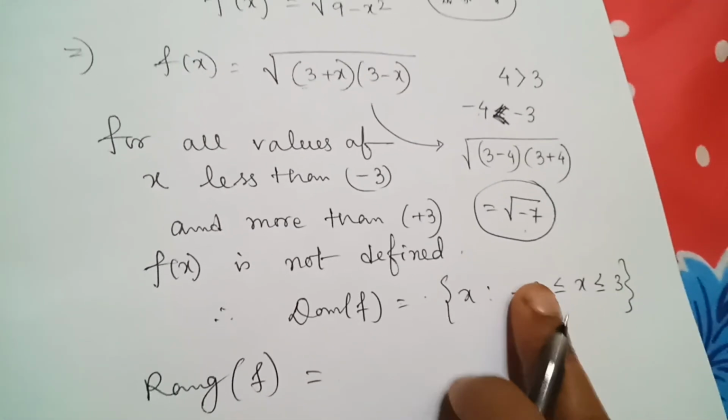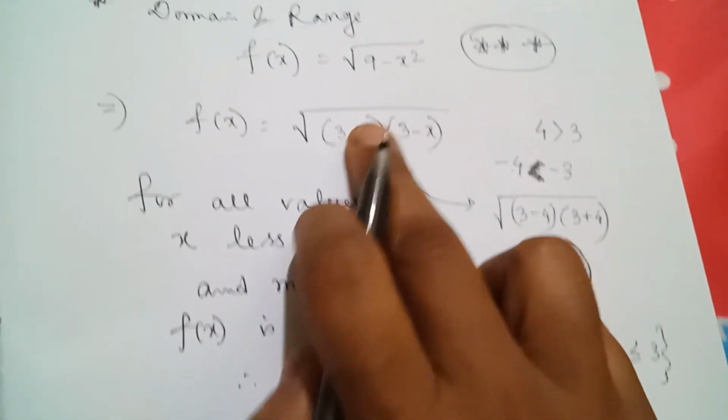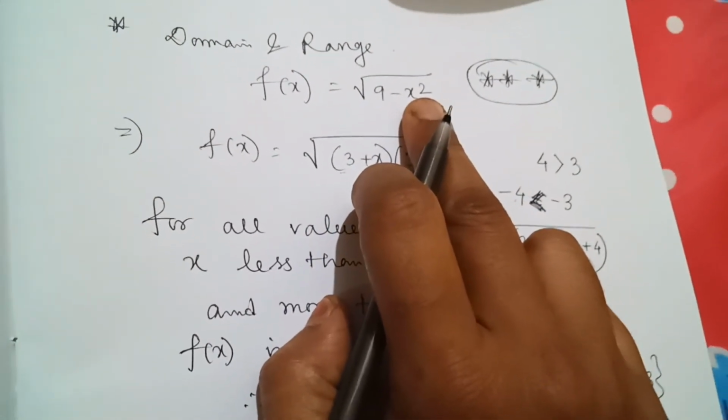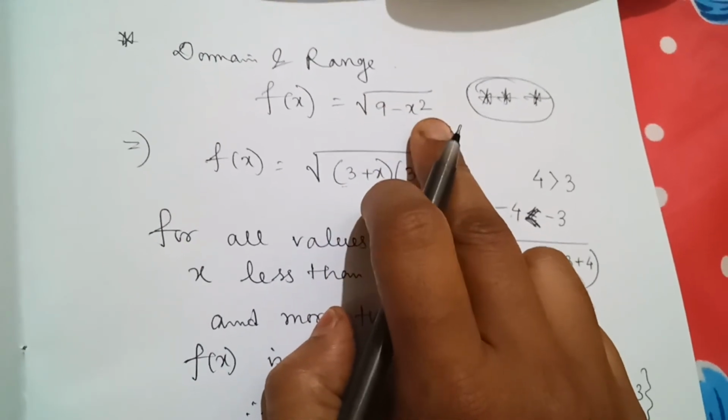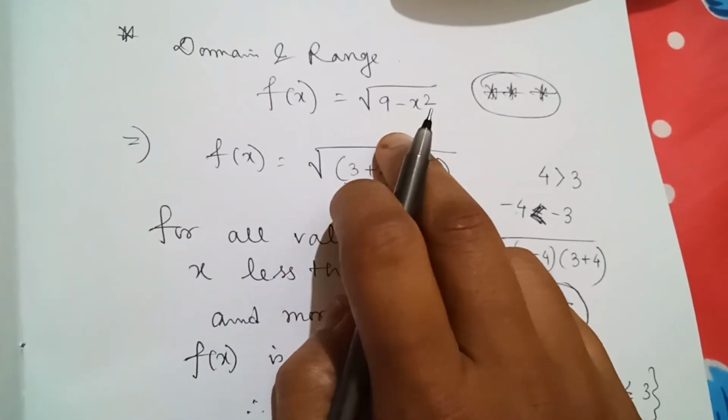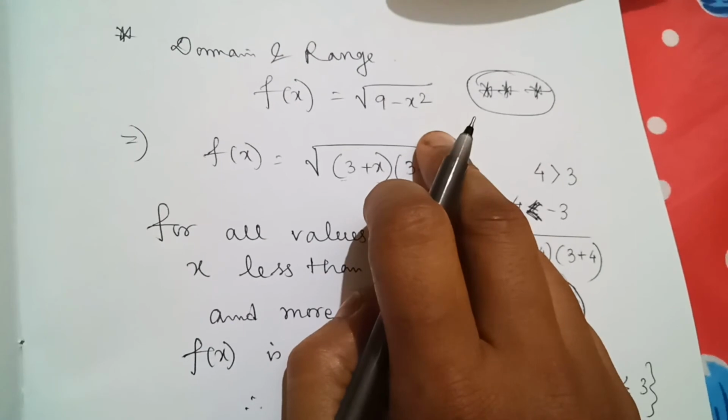So if I give -2 here, x equals -2. What will it be? It will be 9 minus 4, so root over of 9 minus 4 means root over of 5.